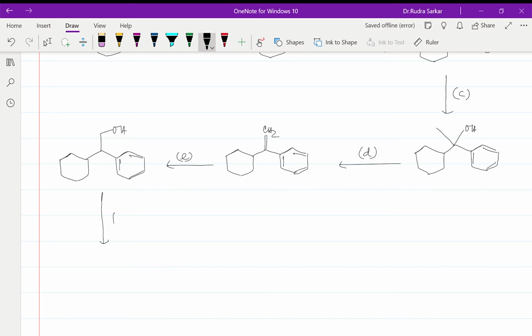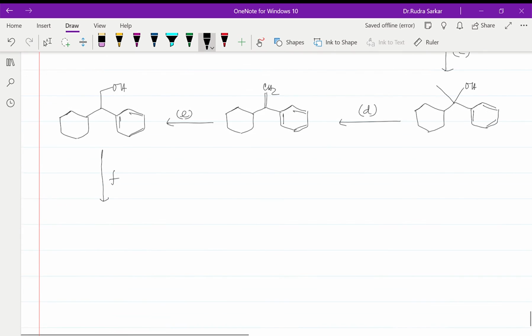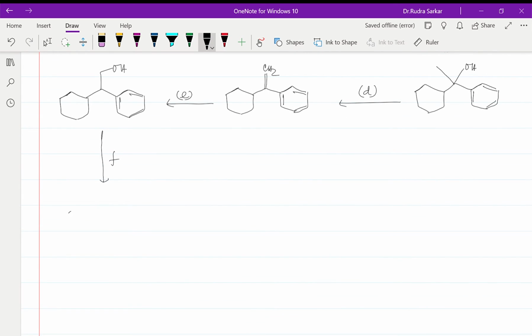Treat this with some reagent F and you are getting. Okay. And then again from here you are getting this one.